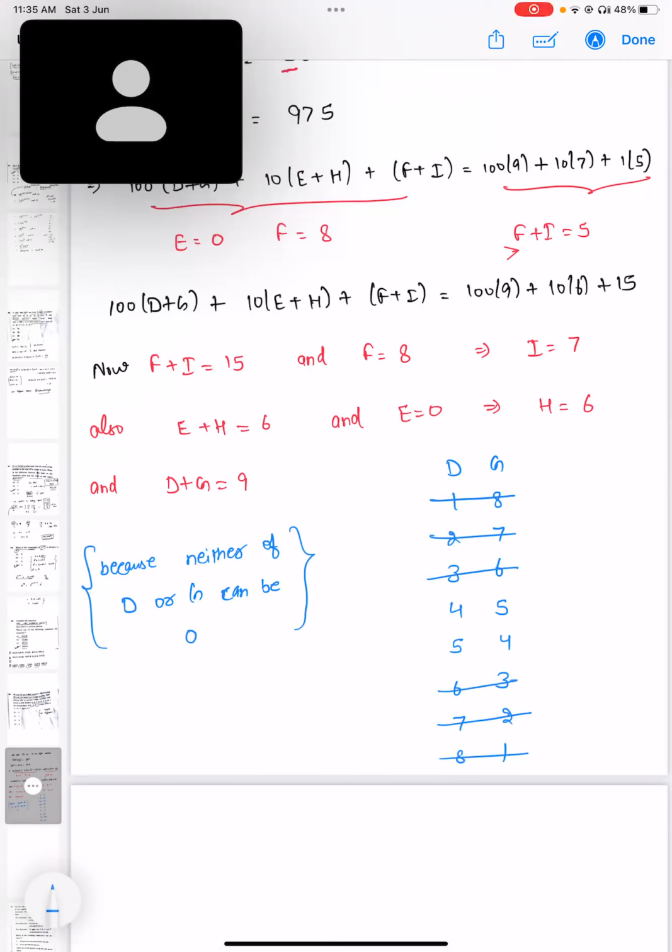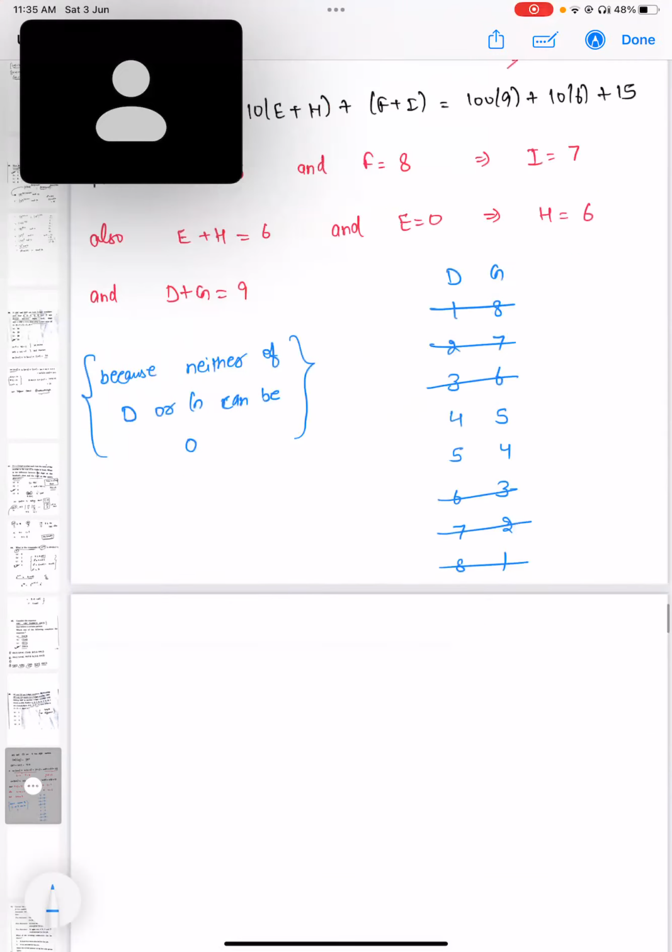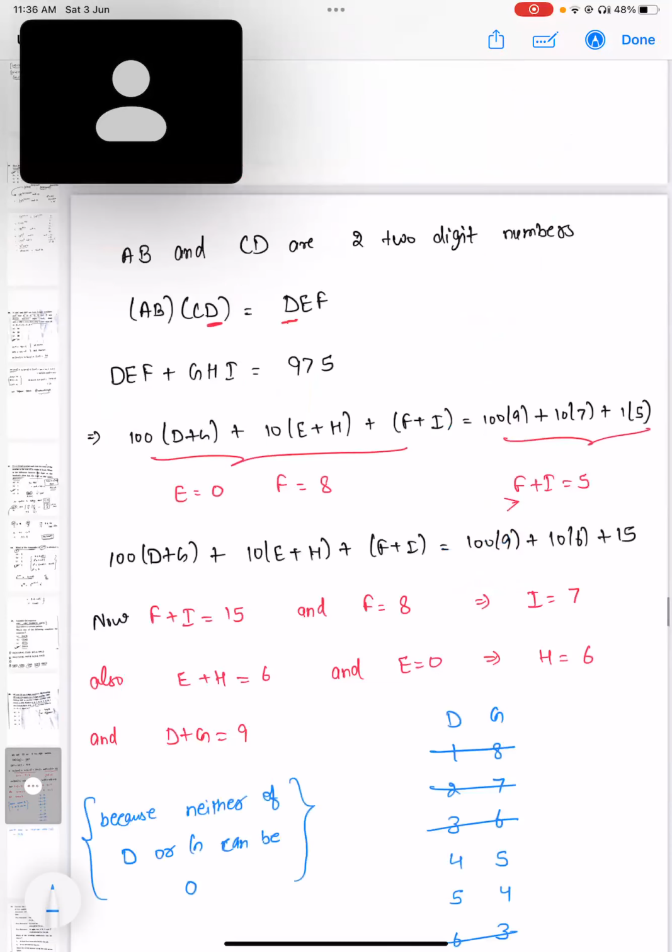So the possible choices for D, G are either 4, 5 or 5, 4. Right? Now, what else do we have?